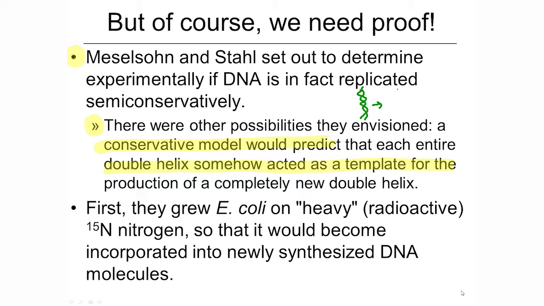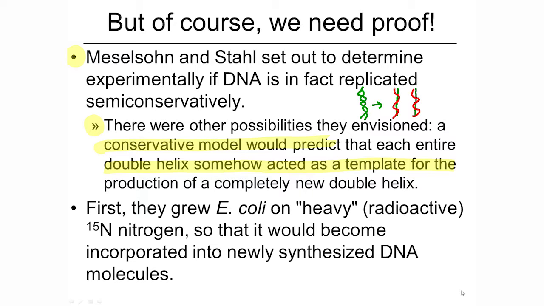Basically what happened, guys, think of it this way. The two strands separated, and then I'm going to draw two new strands in red. It's not the best drawing, but you get the idea that each of the two new molecules has half that's the original template, and half that's newly made material.